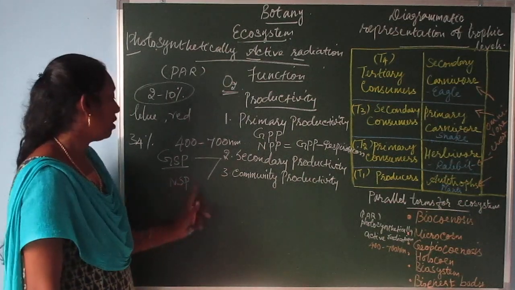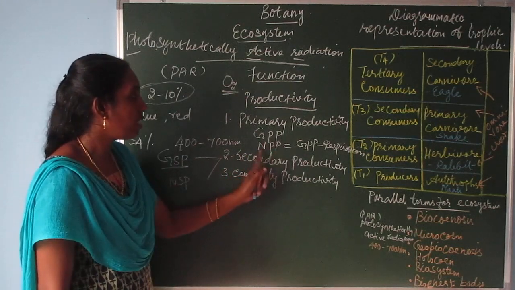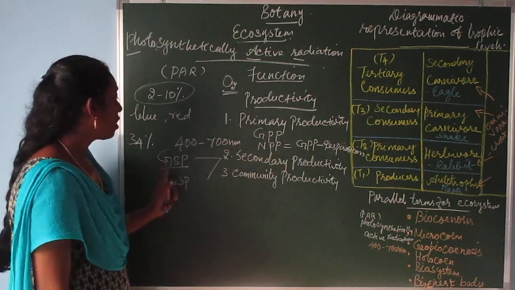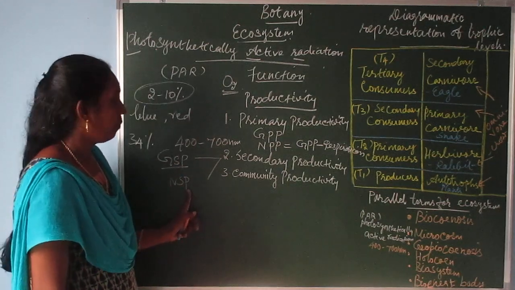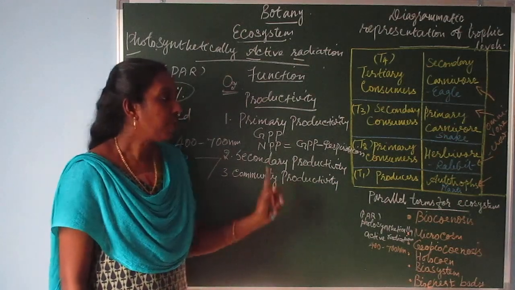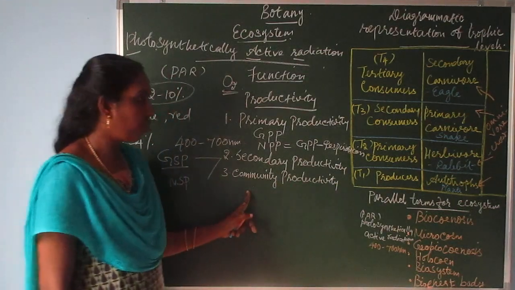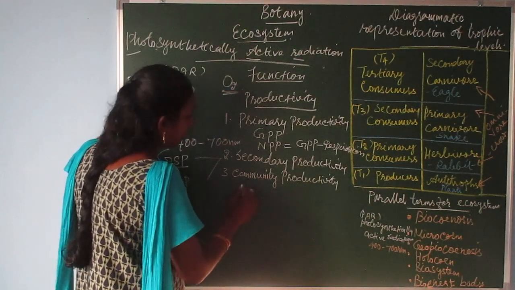That is net secondary productivity. Here, gross primary productivity and net primary productivity; here, gross secondary productivity and net secondary productivity. Then community productivity. Community productivity is the rate of net synthesis of organic matter.